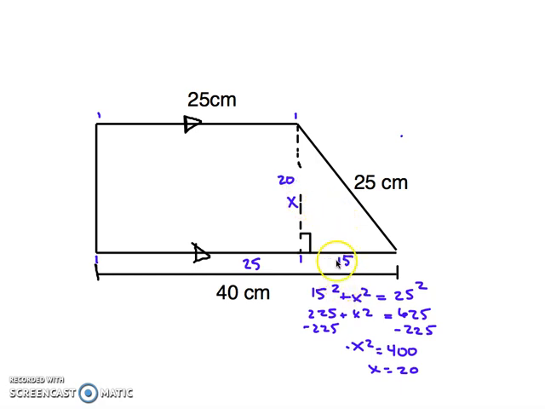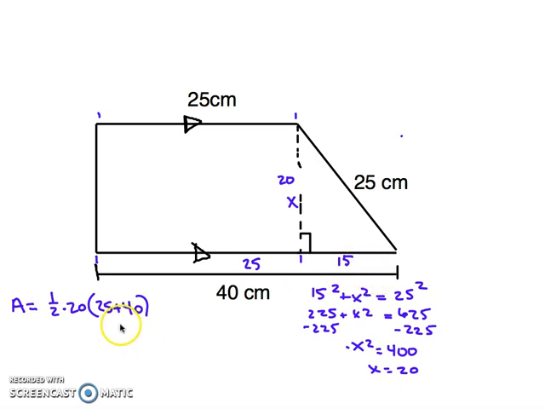So when I set up my formula, I can say area equals 1/2 times 20, and then I've got to put in my bases, which were 25 plus 40. And remember, the full length was 40. Don't forget that of your base.